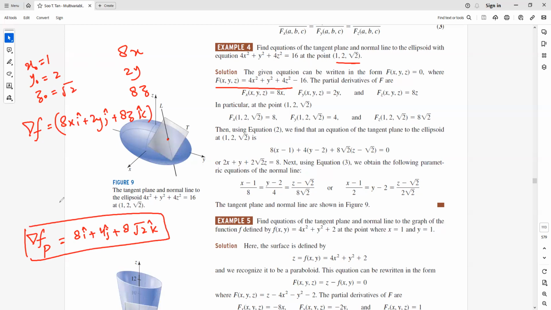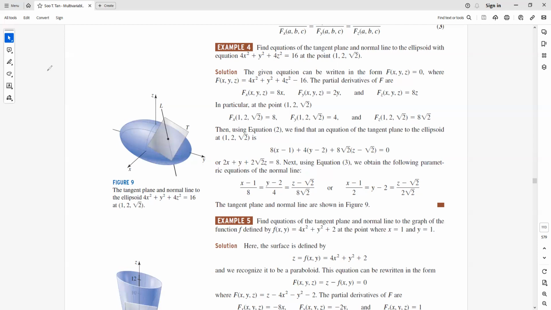Now this is actually the perpendicular vector of this tangent plane, right? Pointing outward like this. So this is the gradient, and the point is already given, that is this point 1 comma 2 comma square root of 2. So we have the point, we have the perpendicular vector, so we need to just plug into the equation of the plane that is given by a times x minus x naught plus b times y minus y naught and so on, equals 0, right?